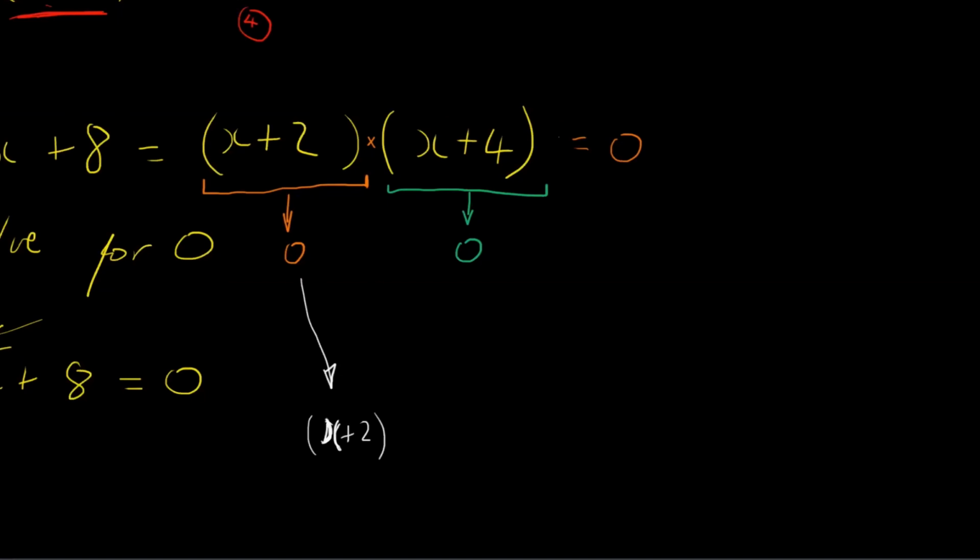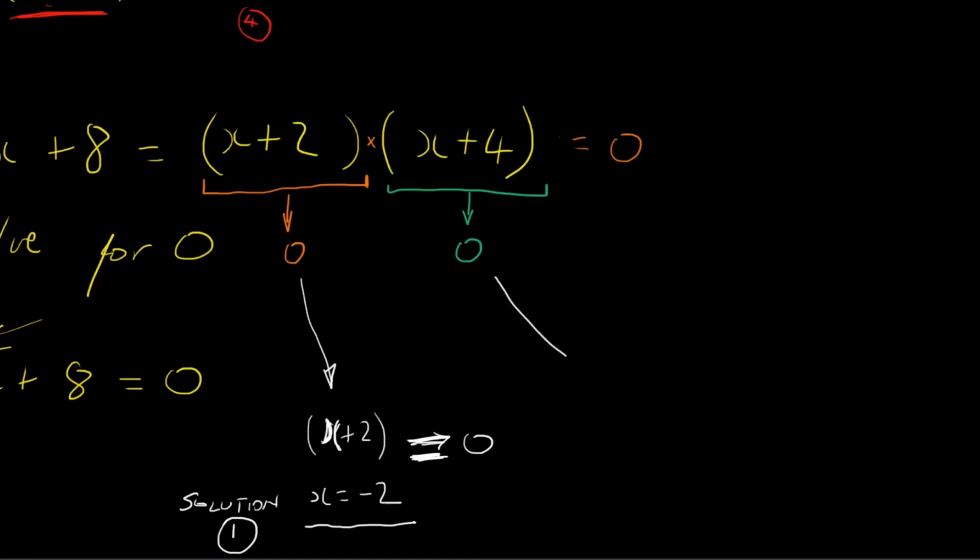Oh, you are a genius. So if x equals minus 2, this would be equal to 0. So if x was minus 2 here, it would be 0, and 0 multiplied by this would be 0. So this is solution 1.